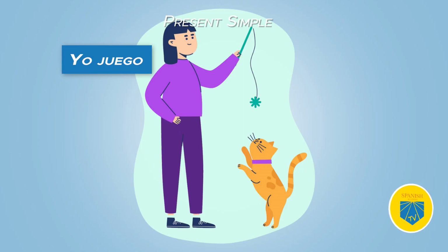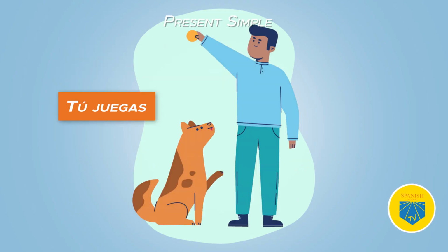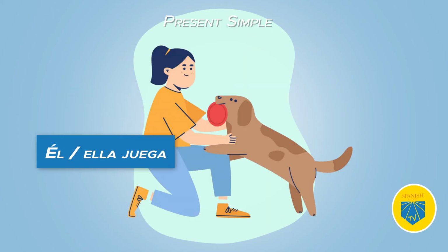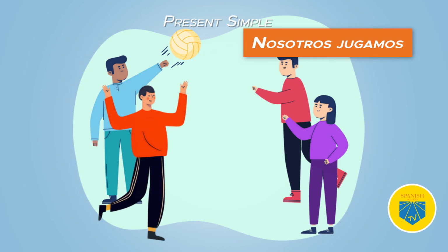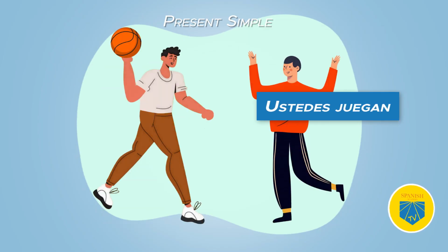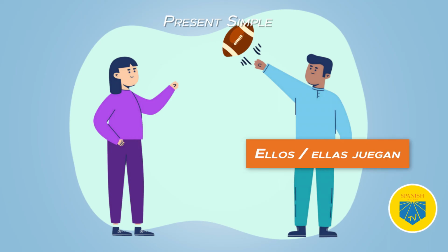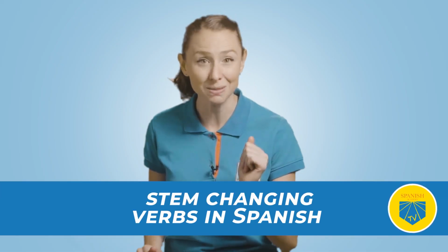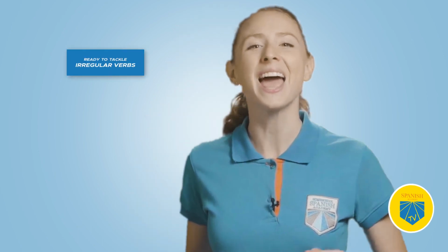Yo juego. Tú juegas. Él, ella juega. Nosotros jugamos. Ustedes juegan. Ellos, ellas juegan.